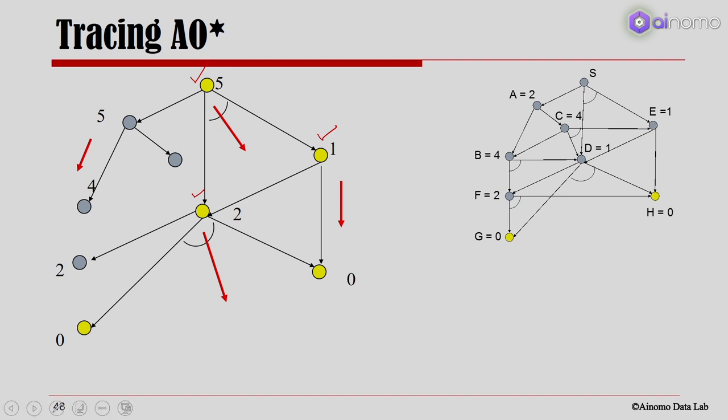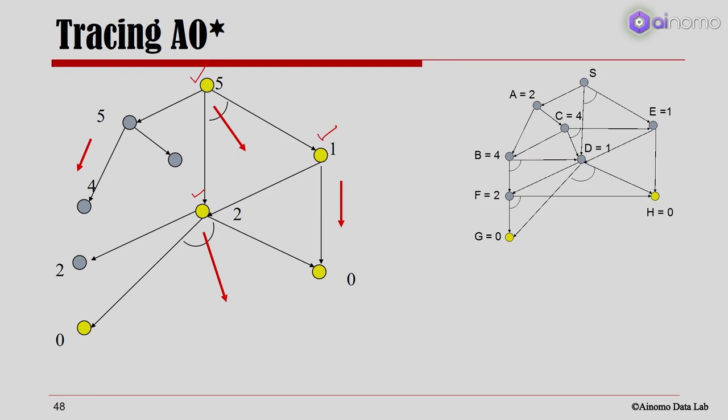So we have looked at searching through AND/OR graphs, and we have realized that AND/OR graphs are represented through hypergraphs. AND/OR graph searching is through an algorithm called AO star, which uses some philosophy of best first search, but brings with it the ability to deal with the AND arcs.